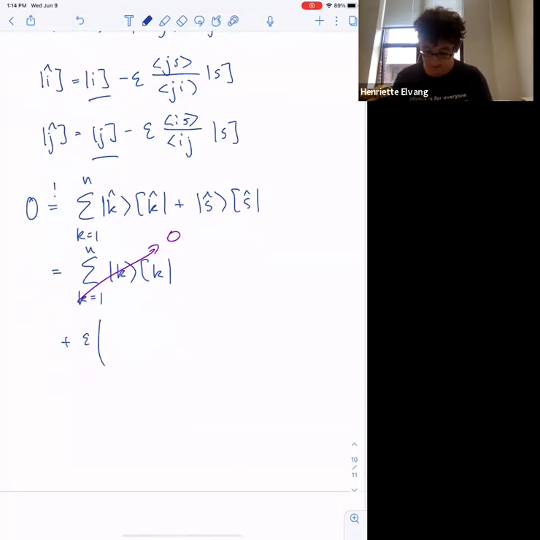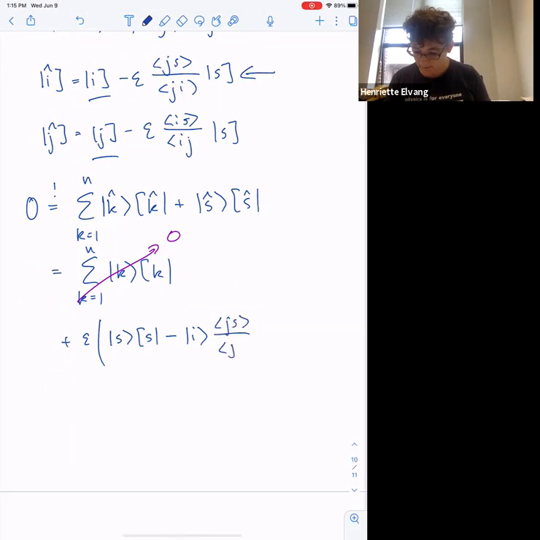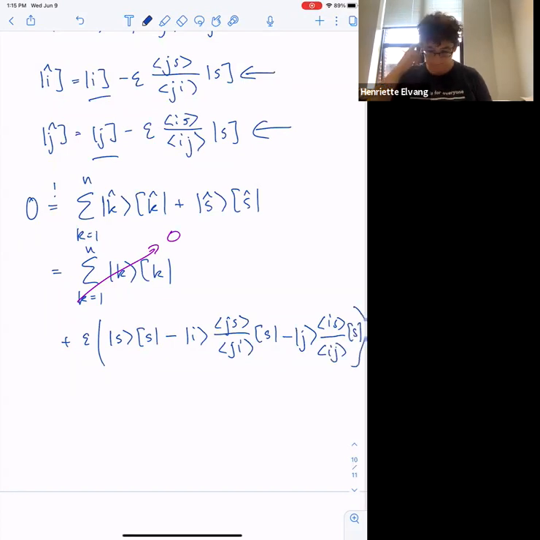It's epsilon times, and let's start with the thing that came from S. So angle S square S, that's P_S, minus then this part that comes from the angle deformed. So the square deformed. So that gives me angle JS divided by angle JI times square S minus J times IS, and this is from this part here, over angle IJ times square S, and that's the whole thing.